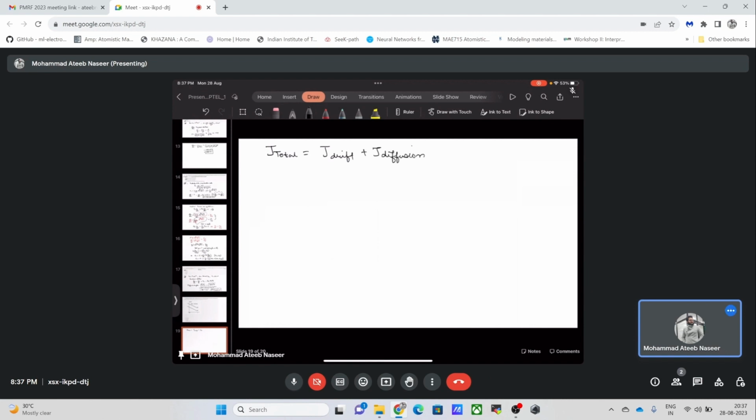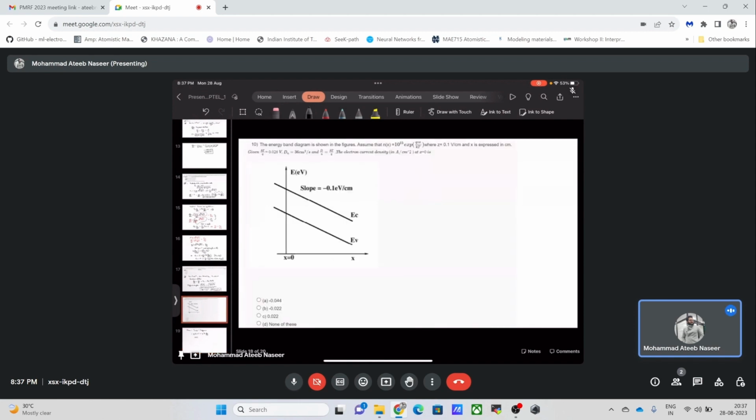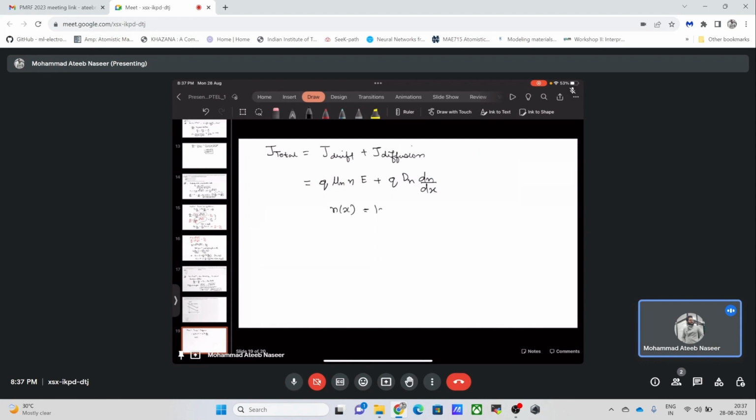Drift current is given by q, the electronic charge, times mobility times electron concentration times the field, plus the diffusion current, given by the electronic charge times the diffusion constant multiplied by the concentration gradient. Now this concentration was n of x equal to 10 to the power 15 exponential of q zx by kT.